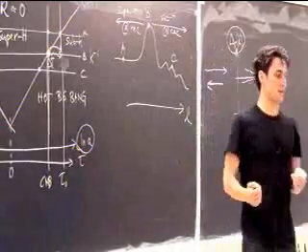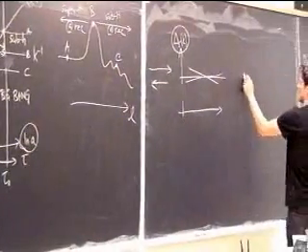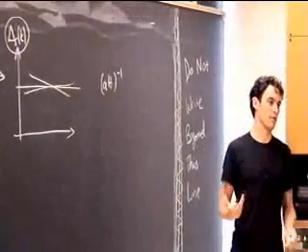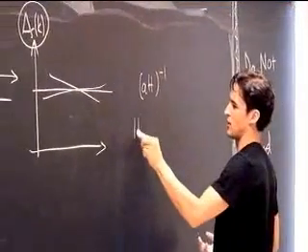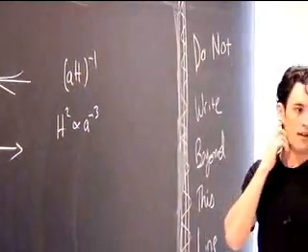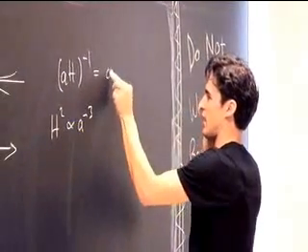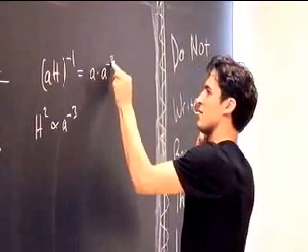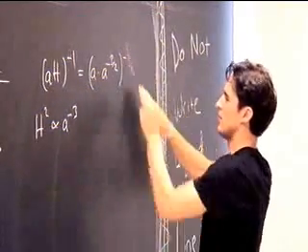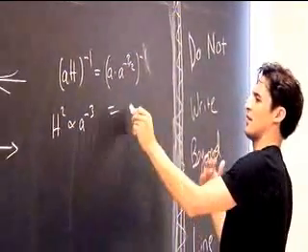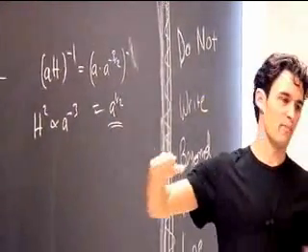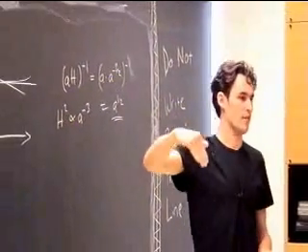During matter domination, for example, you can ask how A H to the minus 1 evolves with scale factor. During matter domination, H squared goes as A to the minus 3. So this goes as A times A to the minus 3 halves, so A to the 1/2. During matter domination, this would have a slope of 1/2.